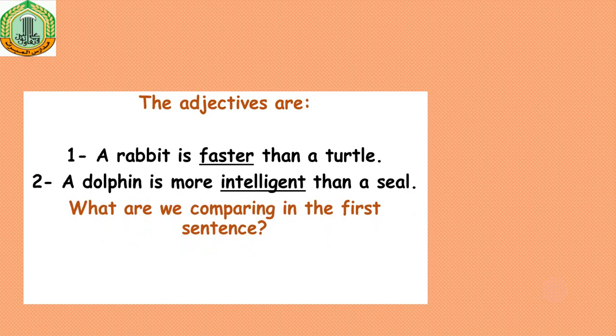What are we comparing in the first sentence? We are comparing a rabbit to a turtle. In the second sentence, we are comparing a dolphin to a seal.